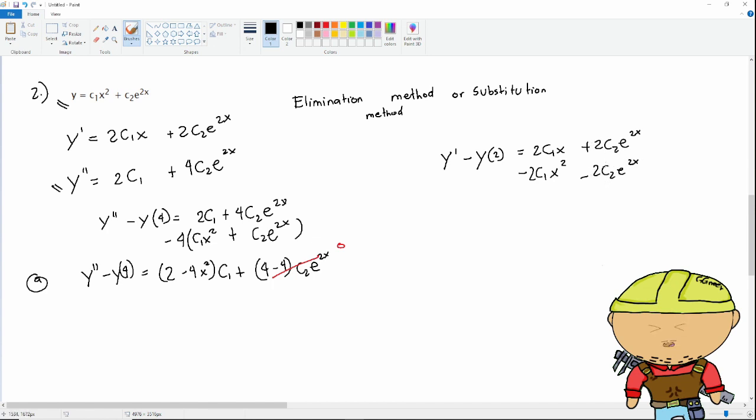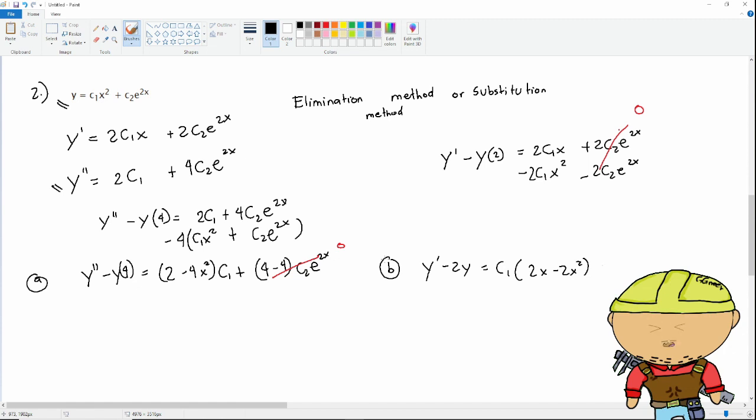Positive 2 minus 2 will become 0. Now we have y prime minus 2y is equal to c1 times 2x minus 2x squared. Okay, we now have our equation B.